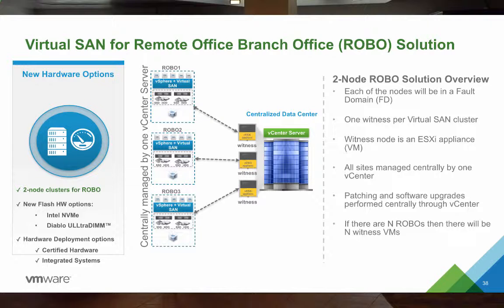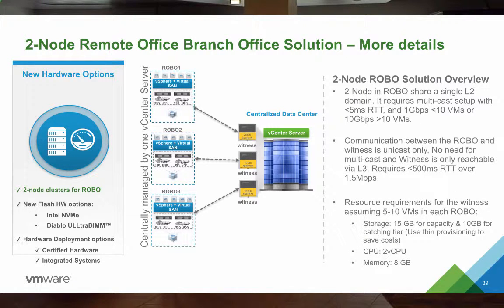So talking about sizing, let's look closer into that topic. So here we can see that we have a 2-node ROBO solution overviewed the same way we had before. Communication between ROBO and the witness is going to be done with unicast. You're not going to need multicast inside of this space.